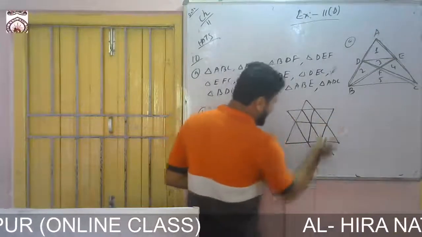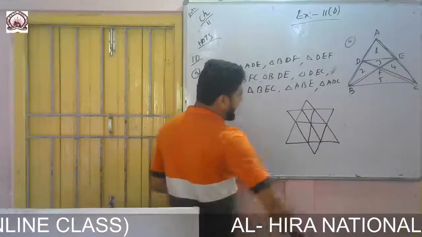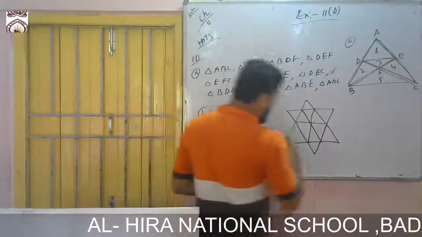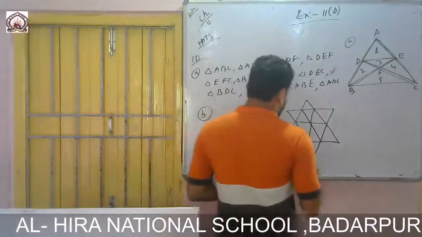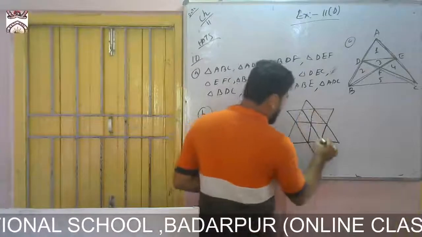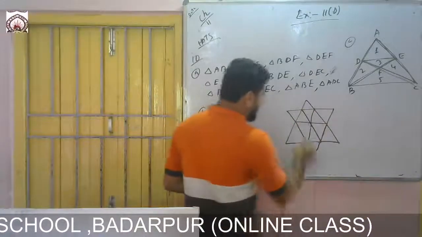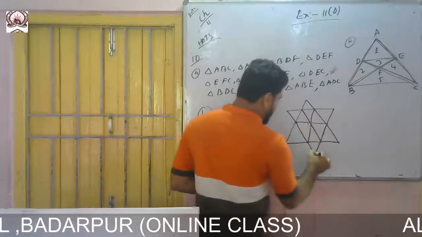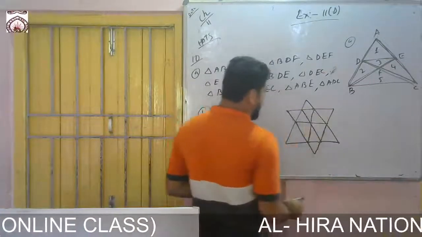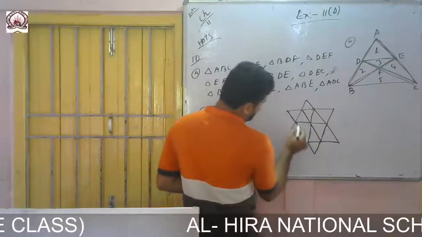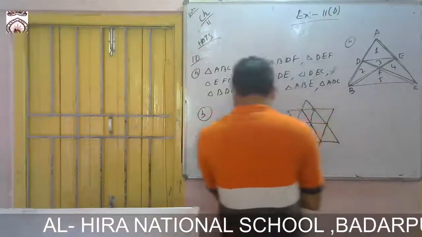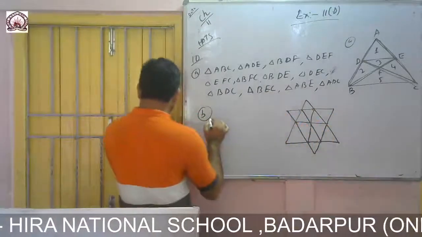Then this one 14, then that way 15, this way 16, then this way 17, then that way 18, then this way 19, and this way 20. So 20 are there. So simply you write 20.